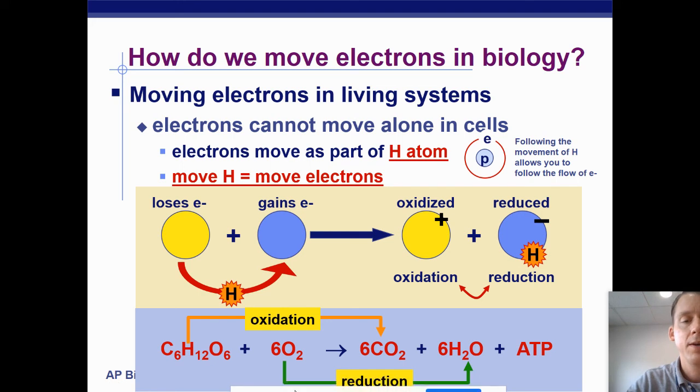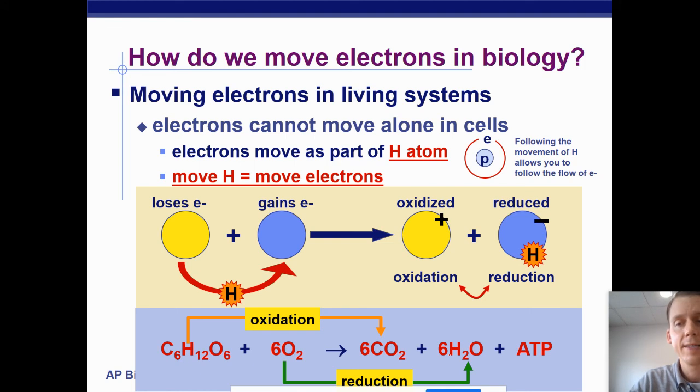As we can see here at the bottom, oxygen did not have any hydrogens, and then it got reduced, and it picked up a bunch of electrons, and therefore it picked up hydrogen. So we see the carbon and the oxygen lost their hydrogen through oxidation, and the oxygen gained its hydrogen through reduction.